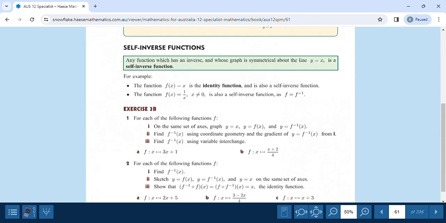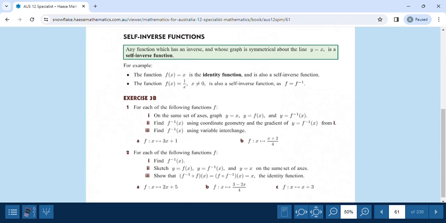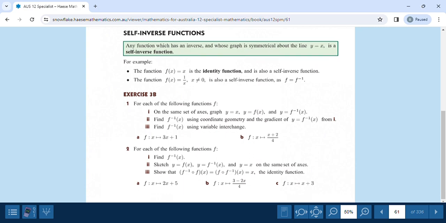A self-inverse function is symmetrical about the line y equals x, and the inverse of a self-inverse function is equal to the original function you had at the start. So you'll find that with a graph like y equals x, that is a self-inverse function, because if you switch x and y, if you've got y equals x, you'll switch it and get x equals y, which is the same as y equals x.